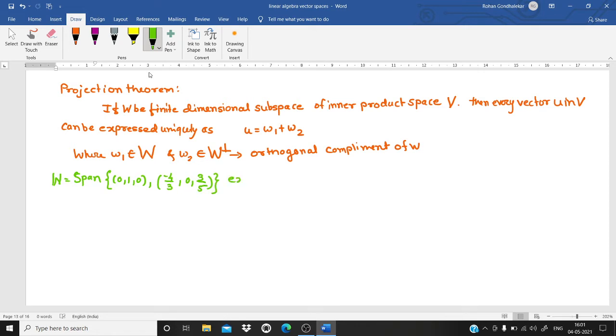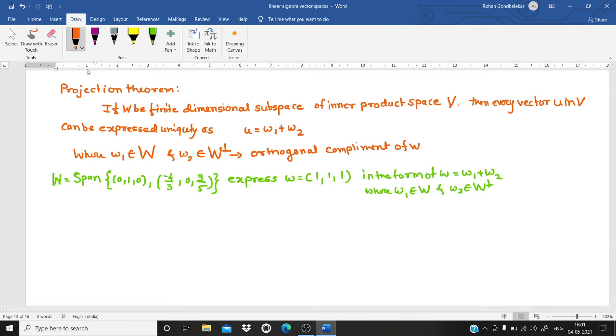Now express w equal to 1, 1, 1 in the form w is equal to W1 plus W2, where W1 belongs to the set W and W2 belongs to W perp.